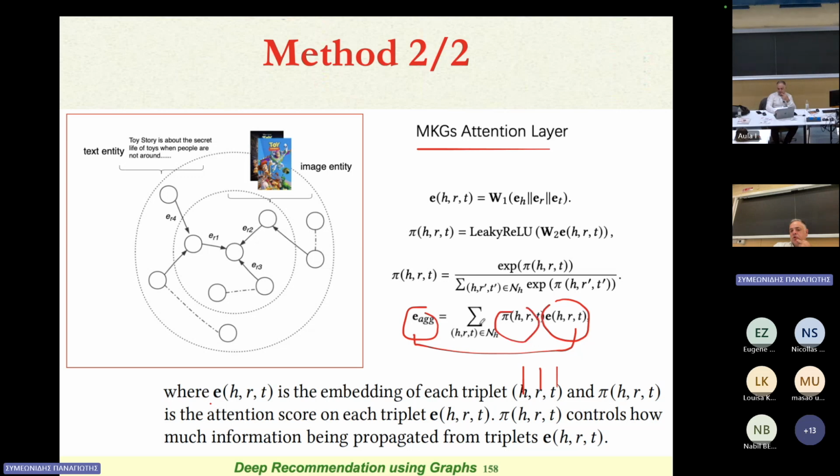And this is the attention score in the end. So this is how they incorporate and convolve their information in this graph convolution network that they use in this knowledge graph.